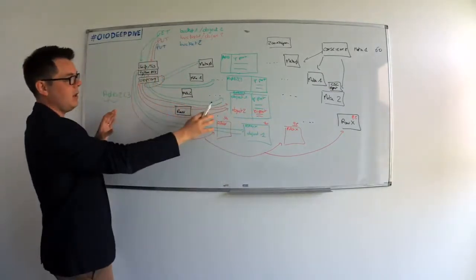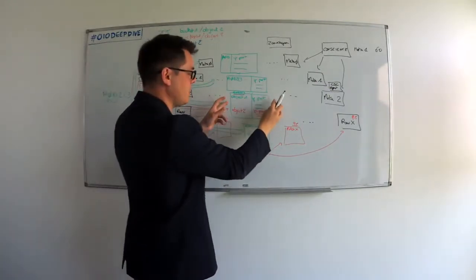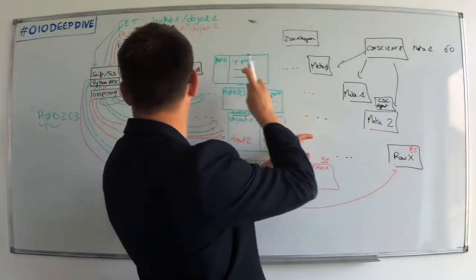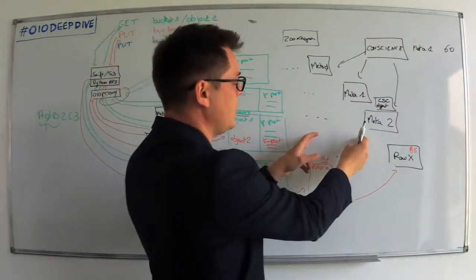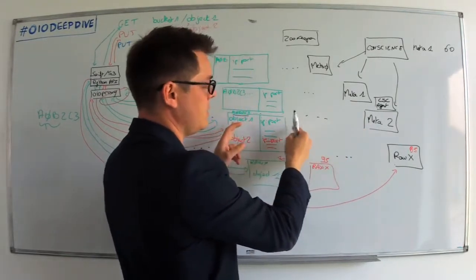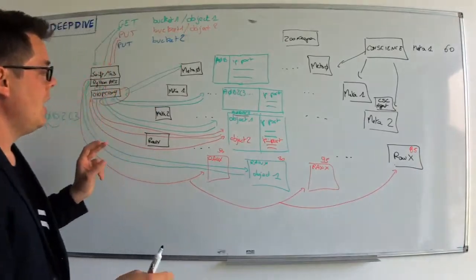So when I put the data here, let's say that this one was the master. If I went to a slave Meta2 saying, okay, I want to write data, this Meta2 will say, okay, I'm not the master, this one is, so it will redirect.